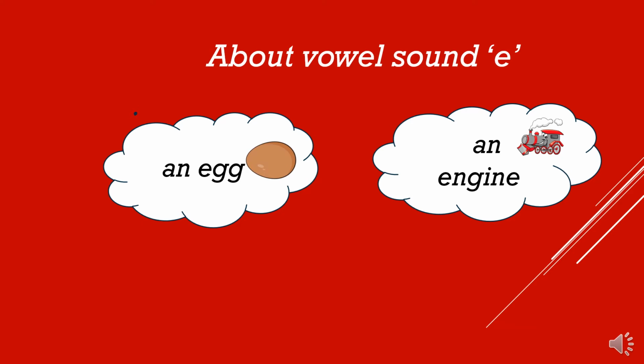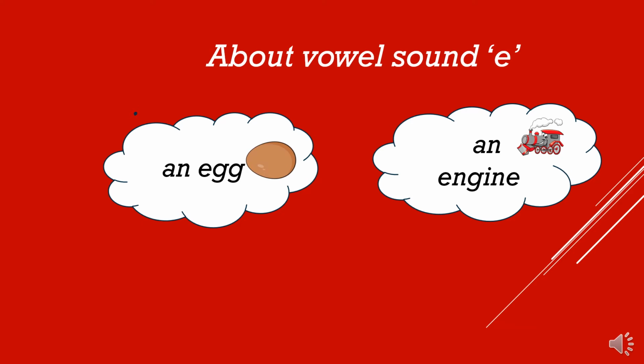So dear students, I hope all of you have understood the sound of first two vowel letters A and E. In the same way, for other vowel letters I, O, U, we have more than one sound.